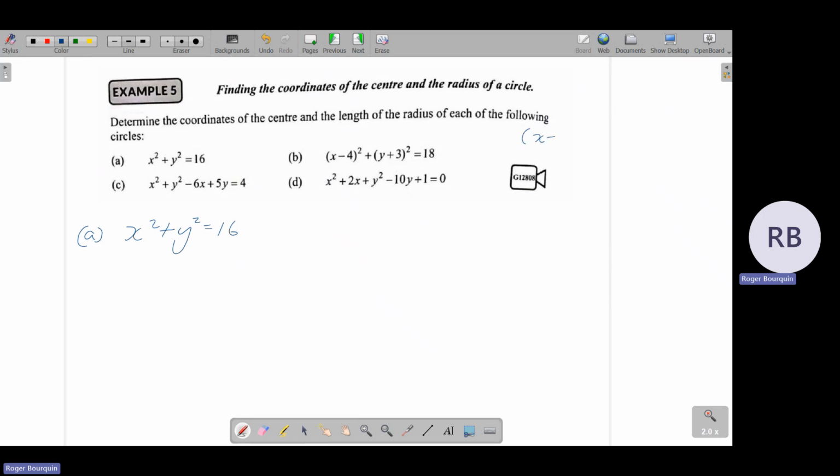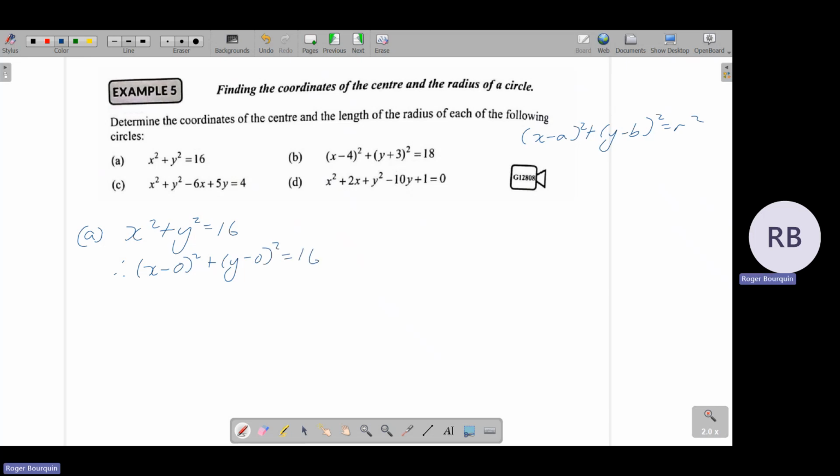Remember, that's our general formula for any circle: (x minus a) squared plus (y minus b) squared is equal to r squared. If you forgot the general formula for a center at the origin, all this means is you've got (x minus 0) squared plus y.